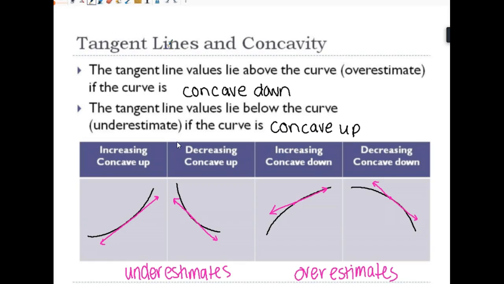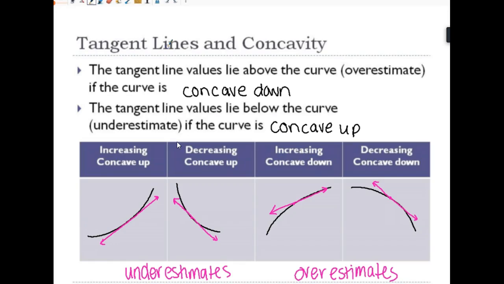So if graphs are concave up, then we have underestimates. If graphs are concave down, we have overestimates. So the estimation of a local linearization is either going to be an under or an over based on the concavity of the graph.